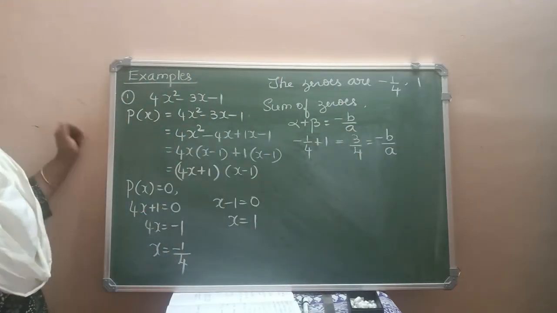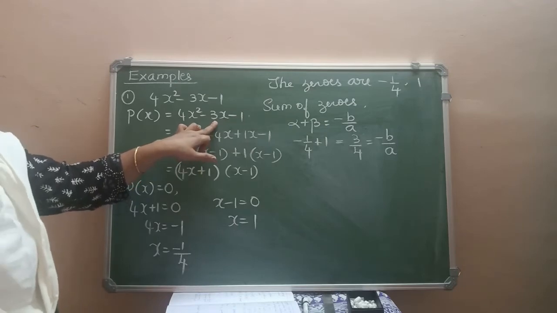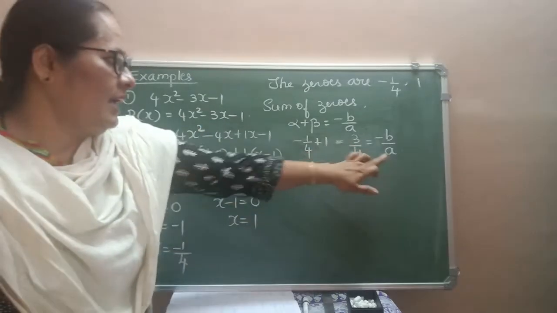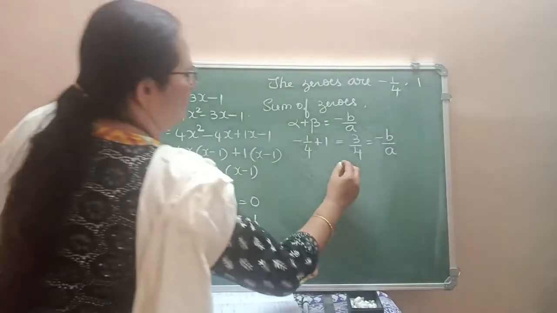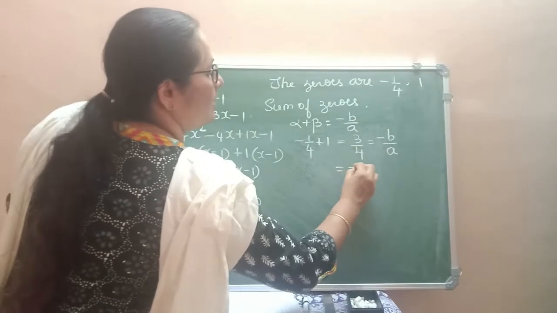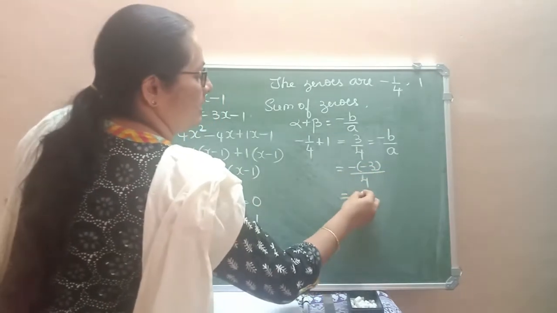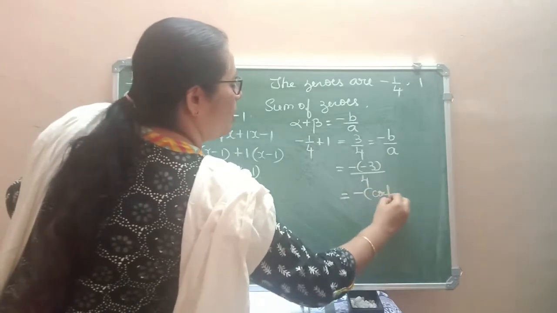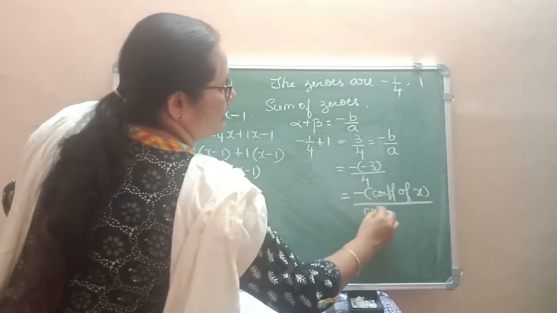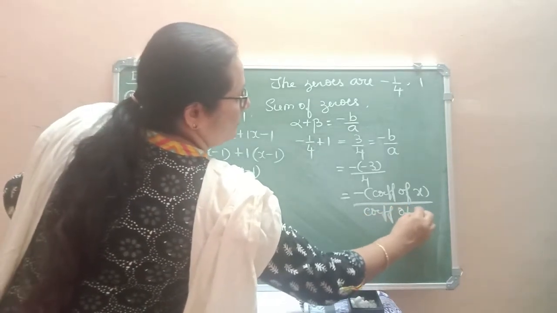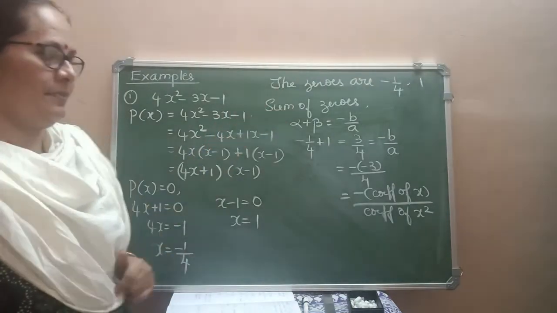Now see here, what is 3 here? 3 is the coefficient of x, and what is a here? Coefficient of x square. So 3 by 4 we can write as minus of minus 3 by 4, which is nothing but minus coefficient of x upon coefficient of x square. This is the sum of the zeros.